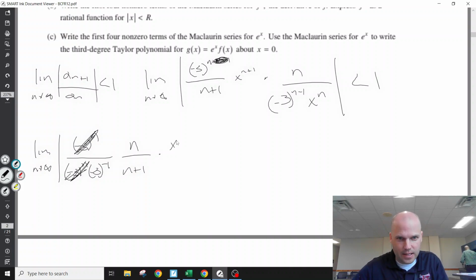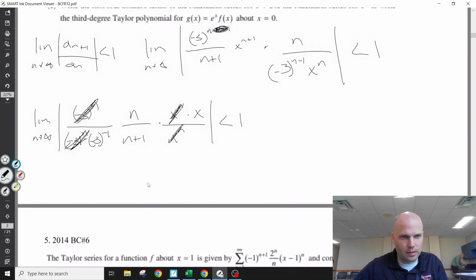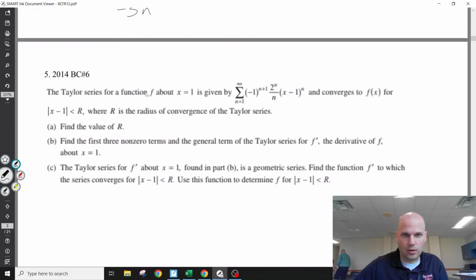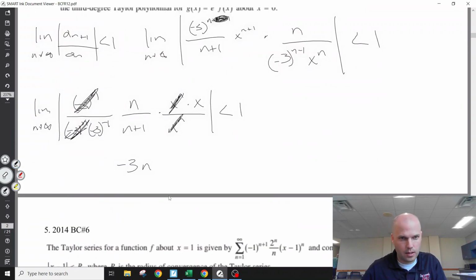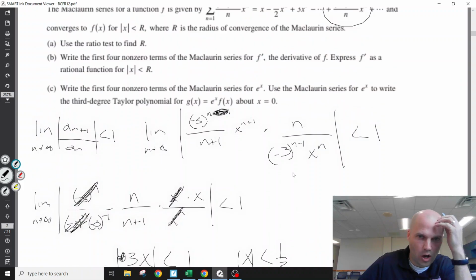I got an x to the n, I got an x, I got an x to the n. That's going to cancel. So this ends up being negative 3x. The absolute value takes care of the negative, and you just have my radius of convergence, which is a third.